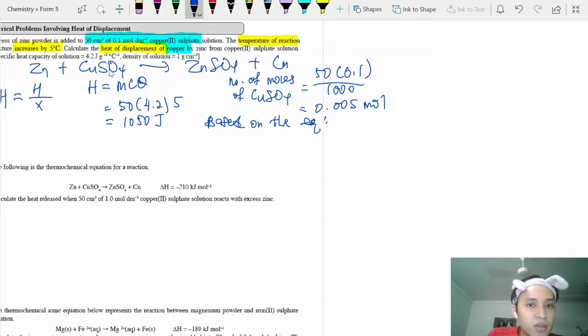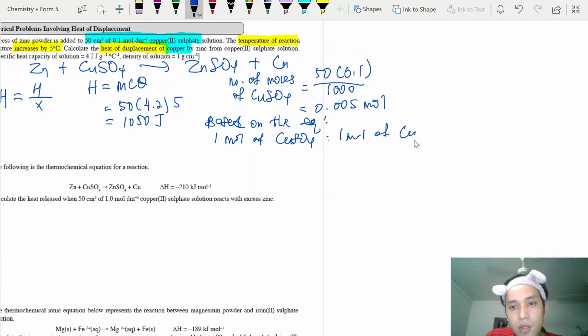Based on the equation here, 1 mole of copper sulfate is equivalent to 1 mole of copper. Meaning the mole that you calculated and the mole of what they want, heat of displacement of copper. So if this one is 0.005 mole, I'll write faster a bit, 0.005 mole copper.